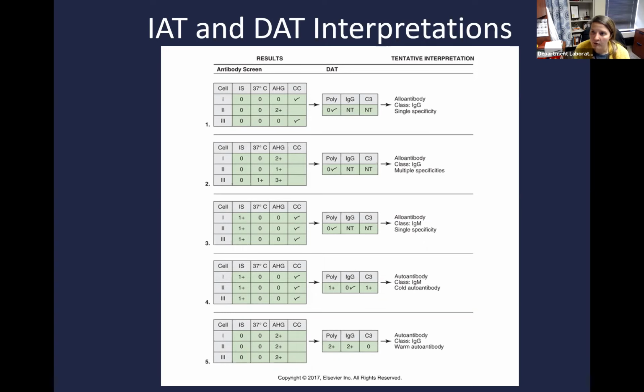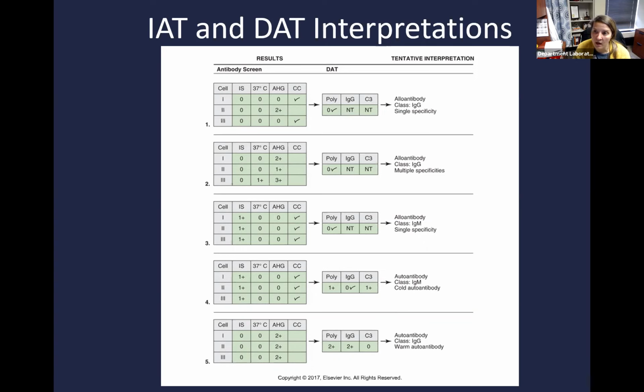And if you think about elution, if you look at example number 4, where we have a room temp reacting IgM autoantibody that is activating complement, remember our panel cells do not contain complement.